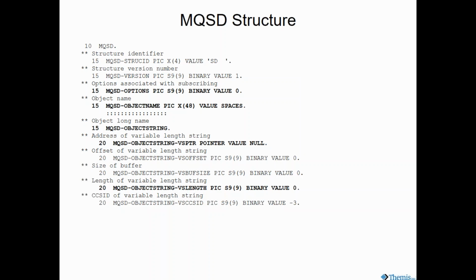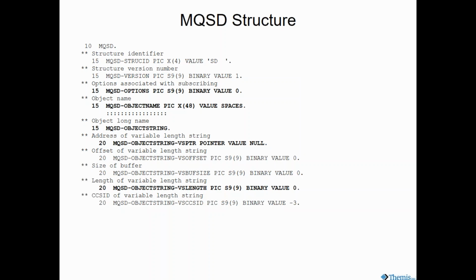Object name will be the name of the subscription, the topic that you've defined. Now that's the 48 character name, not the 10,000 character name, right? And again, the colons there, I've precluded a bunch of fields from your view. There is another part here, again, the object string.